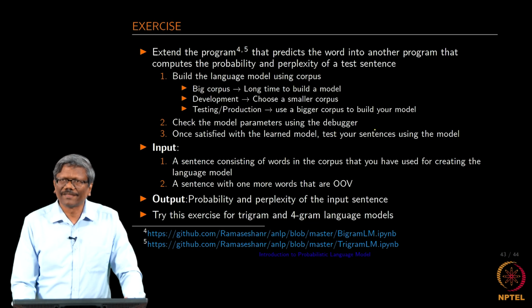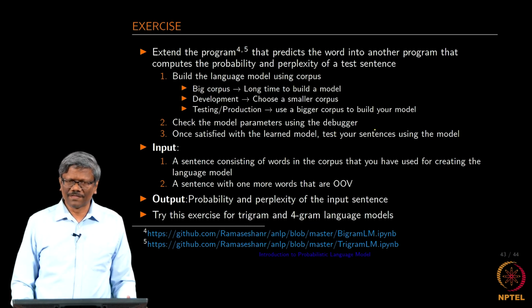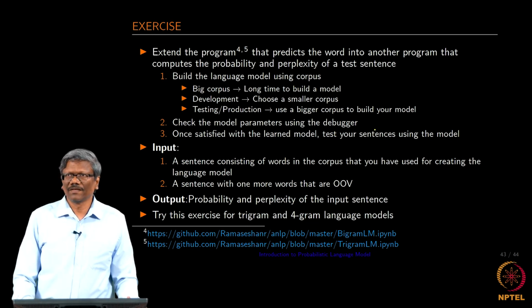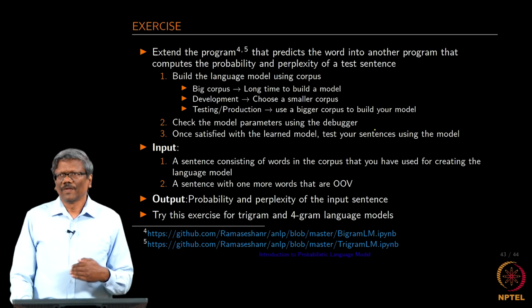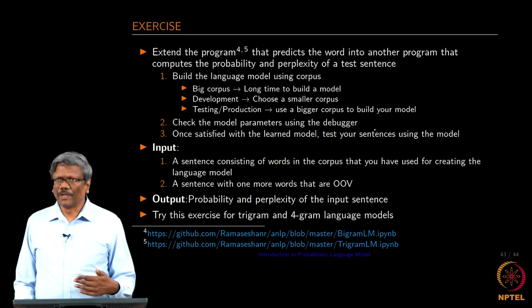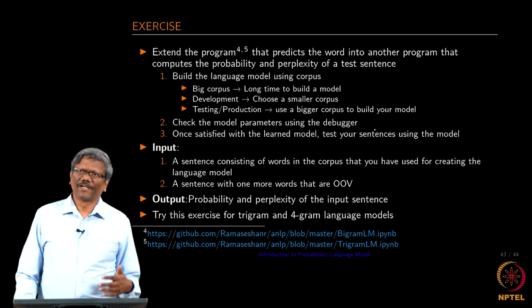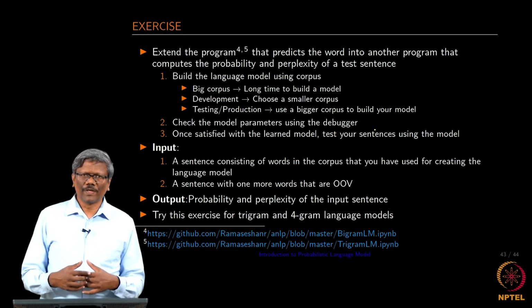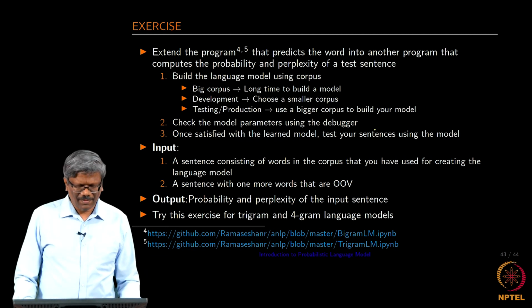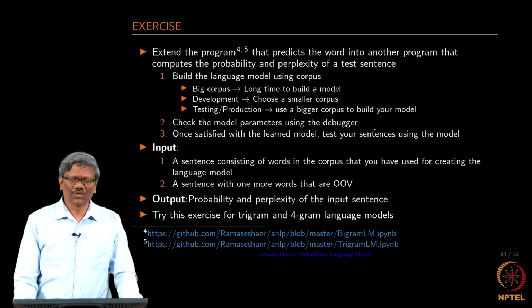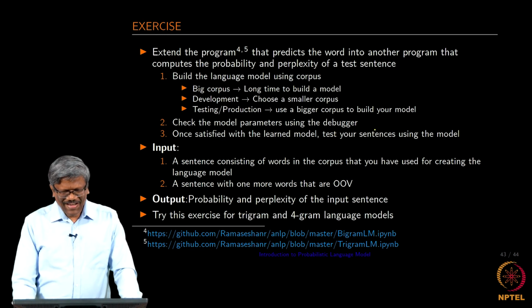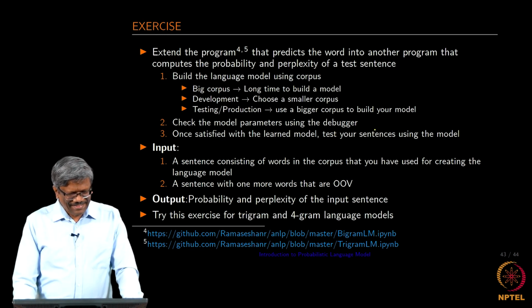You initially provide input with respect to words that you find in the corpus. And then later you can try building the OOV and then create a model that includes OOV, and then try the probability of a given sentence and so on. The output should be the probability of the input sentence.